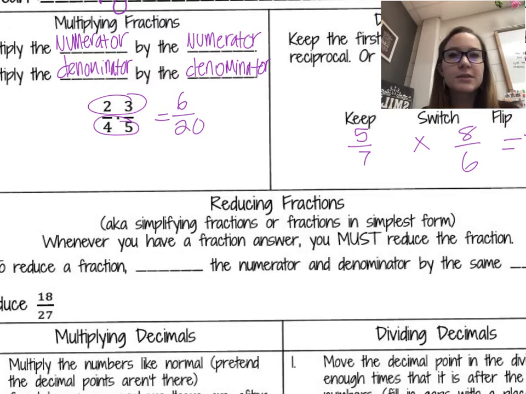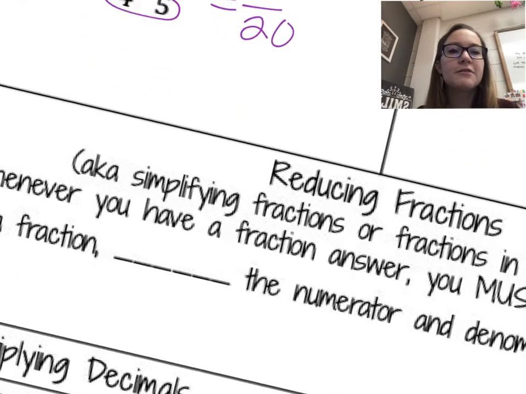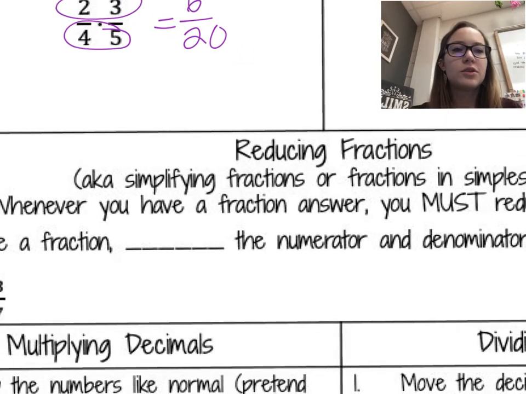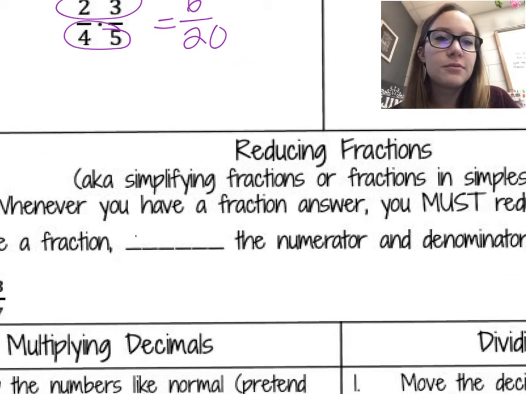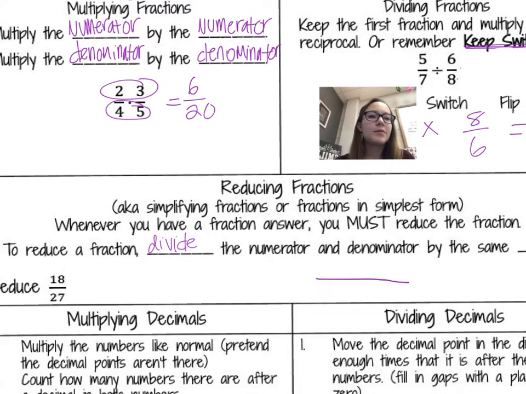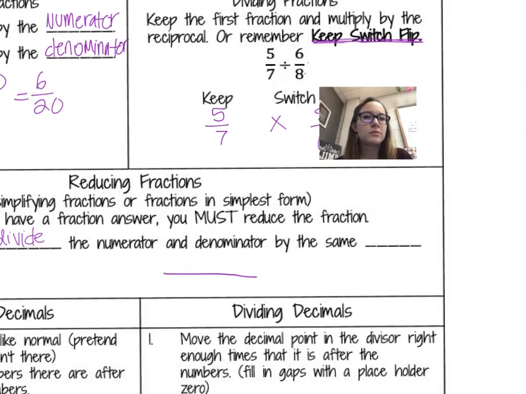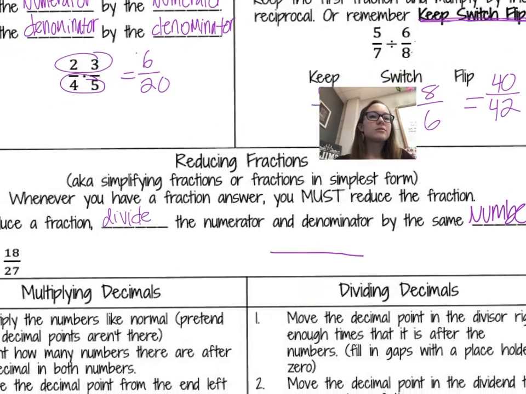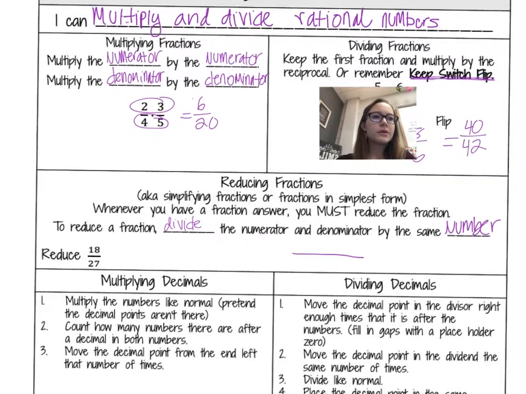So what that means is I'm going to divide the numerator and denominator by the same number. And you can use greatest common factor. That works.